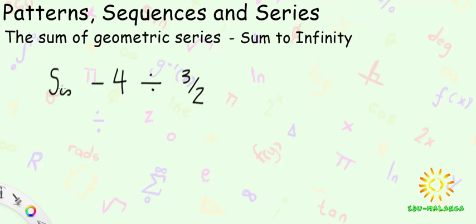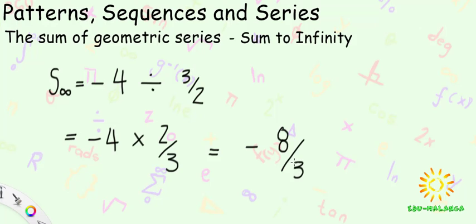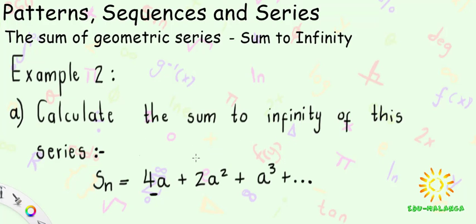Still, sum to infinity is equal to negative 4 times 2 over 3. So then we're going to have negative 4 times 2, that's equal to negative 8 over 3. So the sum to infinity when a is equal to negative 1 is negative 8 over 3 for this series.